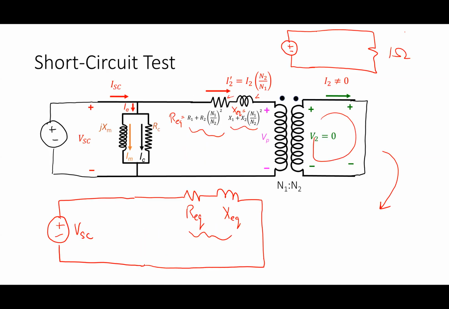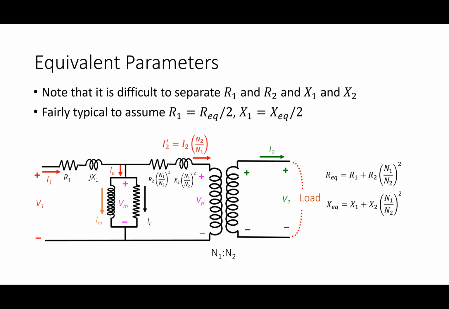One of the things I did, for those of you that care, was run the numbers. It's really hard to separate out R1 and X1, but they're usually about half of those equivalent impedances.